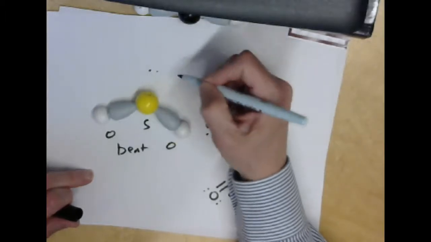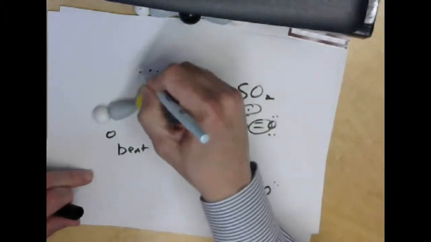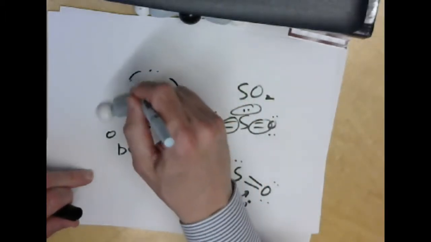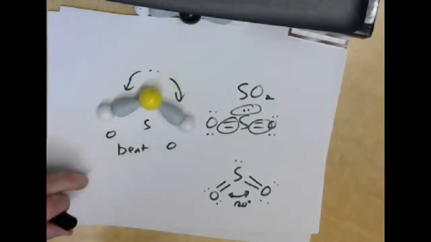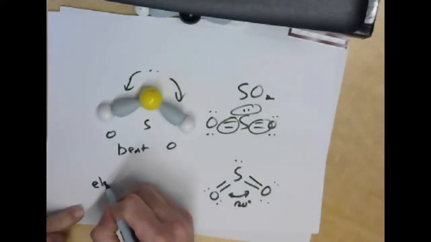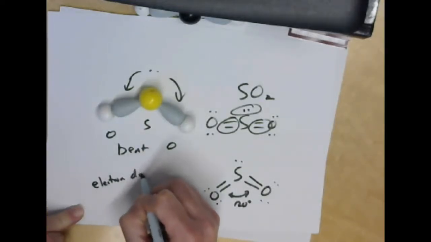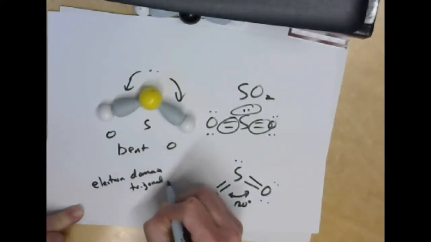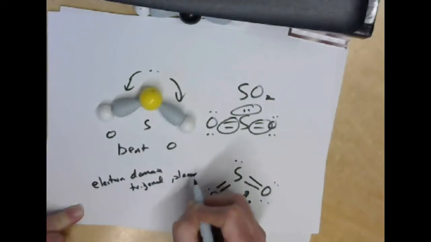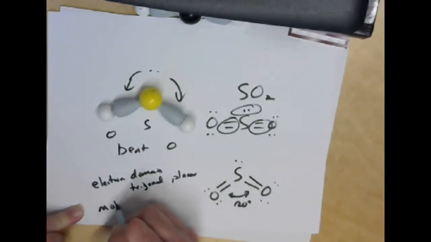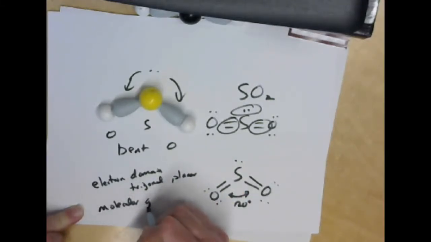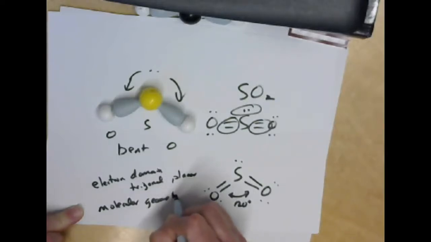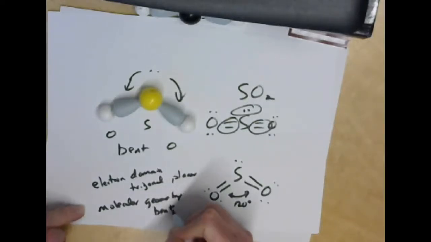Yes, there's this non-bonding pair of electrons that's pushing away, if you will, those double bonds, making the bonds between sulfur and oxygen. So the electron domain geometry is trigonal planar, whereas the molecular geometry is bent.